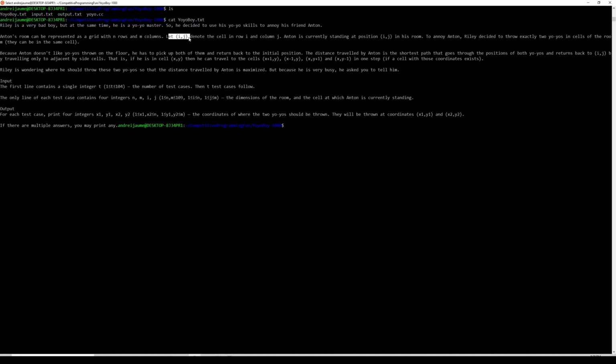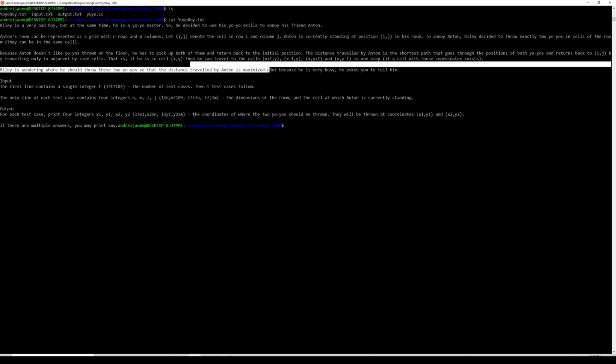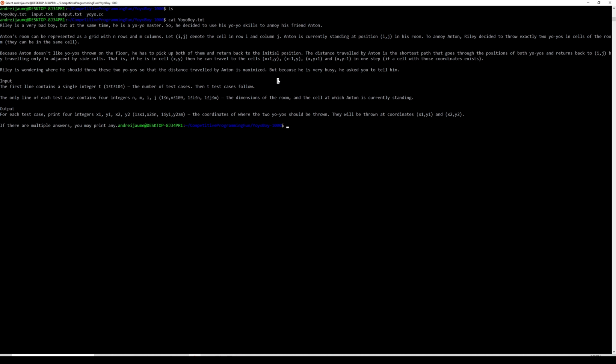He's gonna have a start position, and Riley can place two yo-yos in any two cells. It can be the same cell or different cells, and Anton will take the shortest path to pick up both of the yo-yos and to go back to his original position. And you have to maximize the distance that Anton covers.